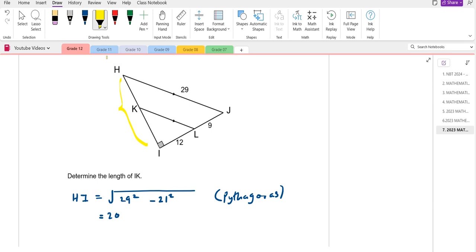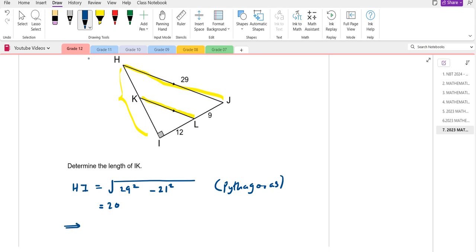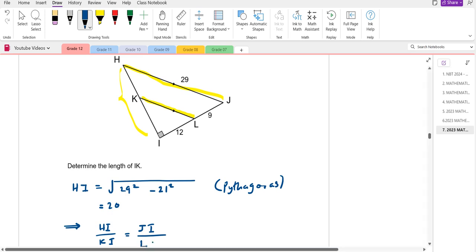Now you see we got parallel lines here, so what we can say is now HI over KI. Right, so this implies HI over KI is equal to JI over LI, right?